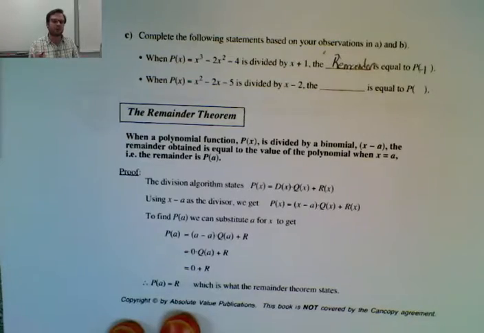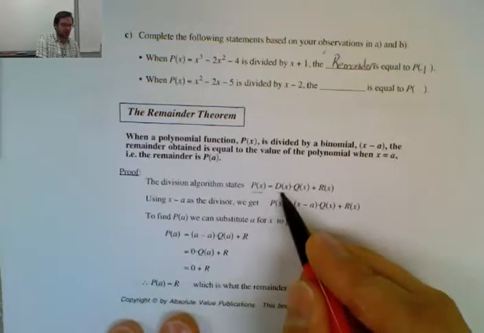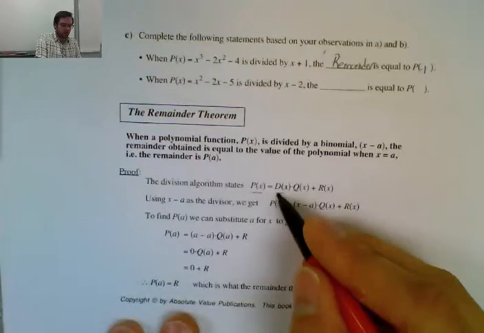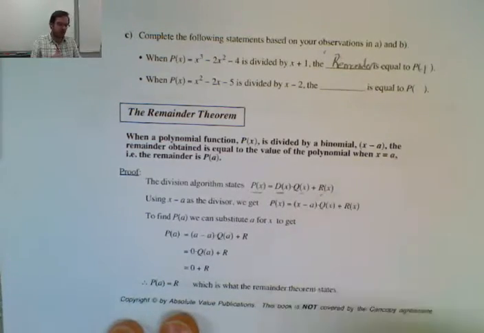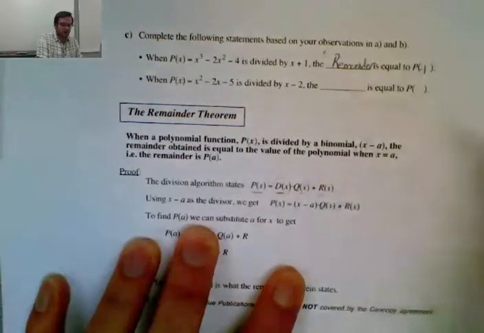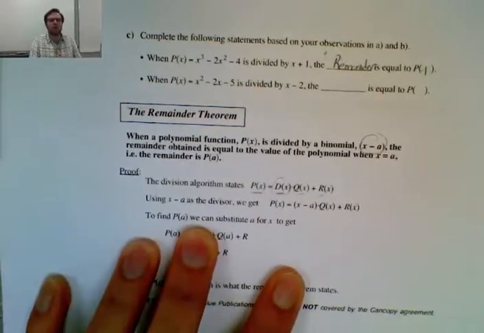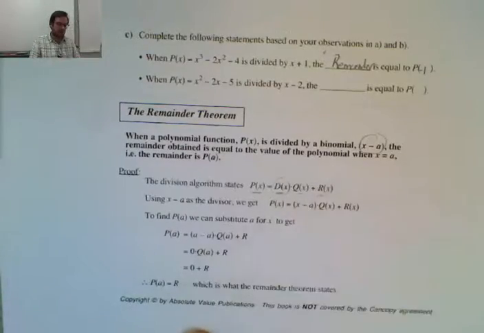Now, what the remainder theorem does is we do division, and here we're going to prove it. If I have a polynomial of x, it is equal to a divisor multiplied by the quotient plus the remainder. We know the divisor is some binomial, which is x minus a, and we're going to put that in for the divisor.